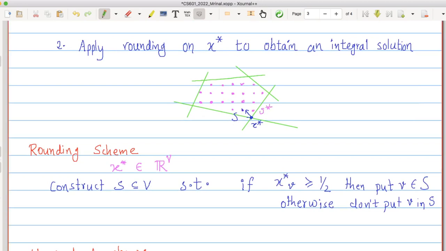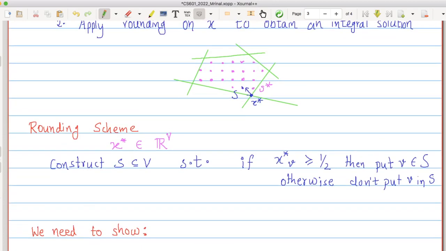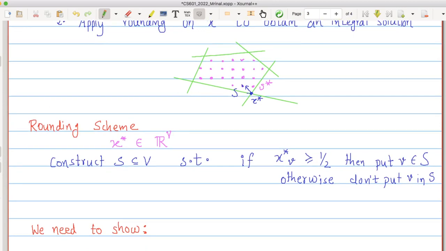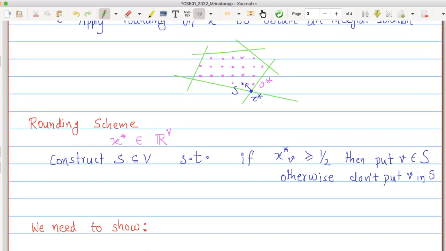Whatever the objective value at S star is, the objective value at X star can only be lower, because X star is optimal with respect to the linear program. The objective value at an optimal point will always be lower than or equal to the objective value at a feasible point, and S star is indeed a feasible point.